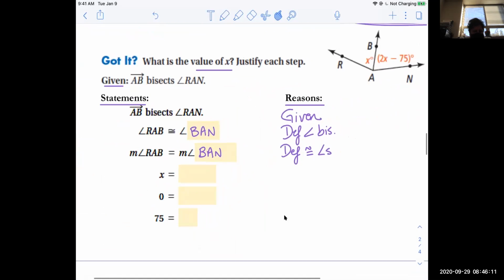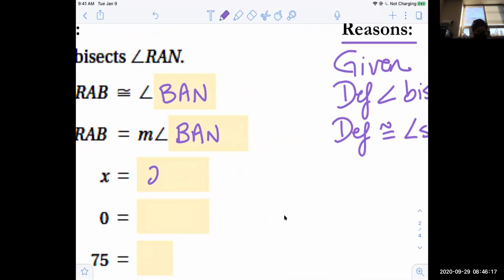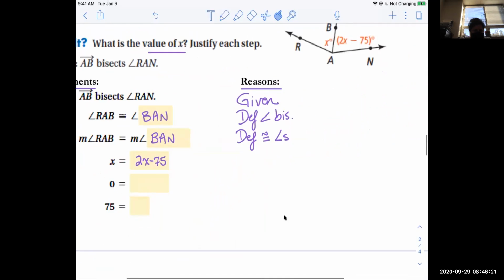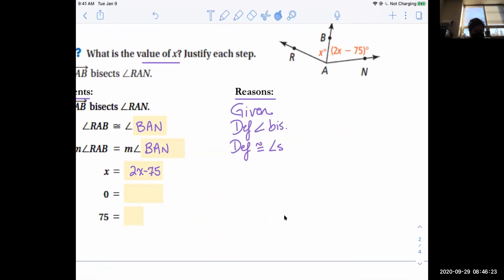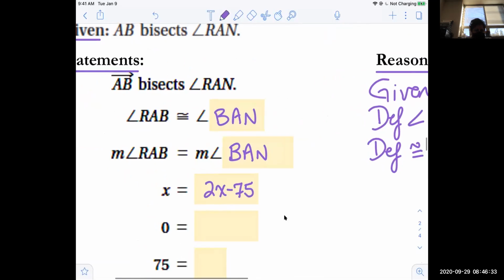Okay, x equals, what goes on the other side there? What do you think you would call that? In place of angle BAN, we're putting what it's actually equal to.